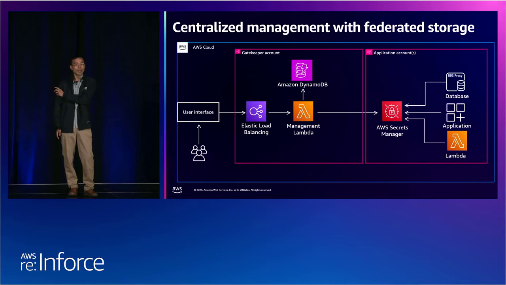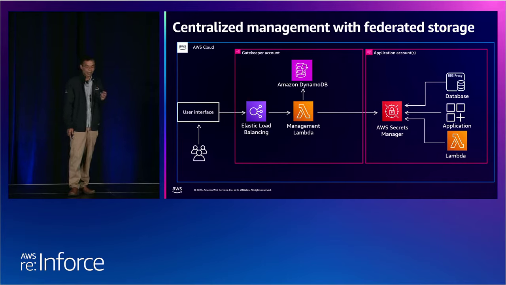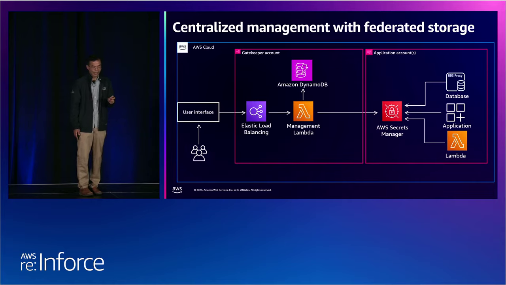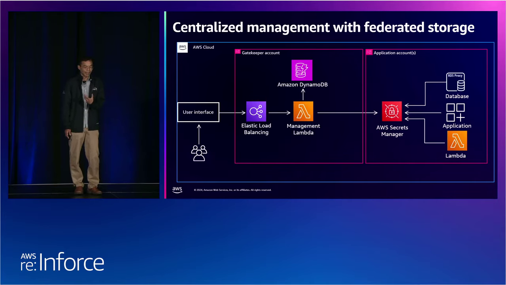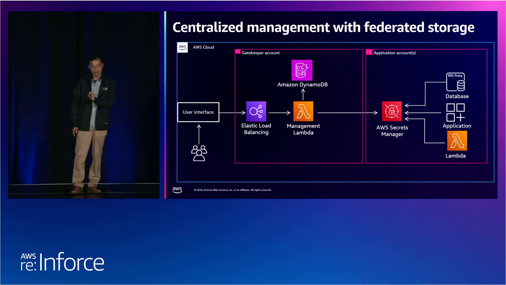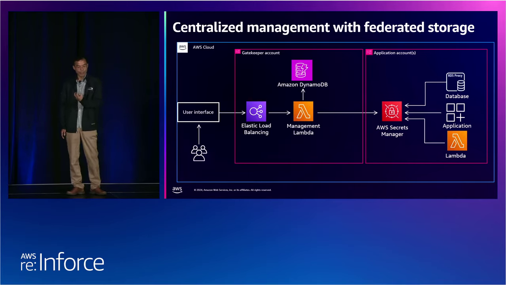Not the secret value, but all kinds of metadata about the secret, including its type and its owner. And then we front the management Lambda so that it serves as an API. We also built a user interface that consumes this API, so that our application teams and developers don't have to remember all the syntax in order to call this API.